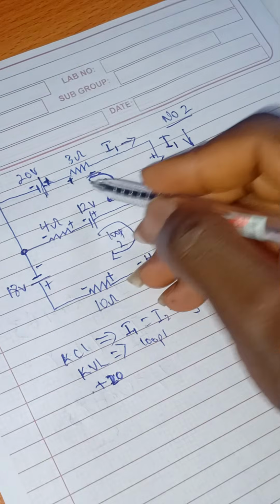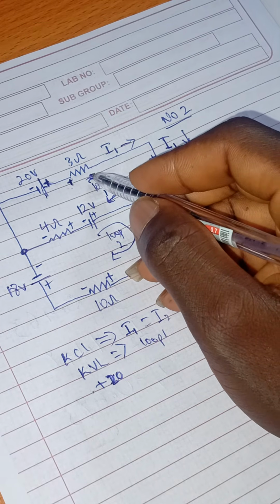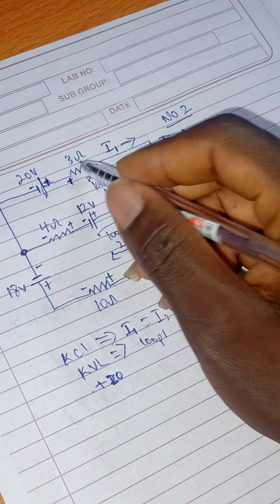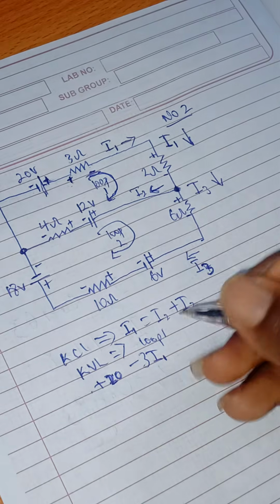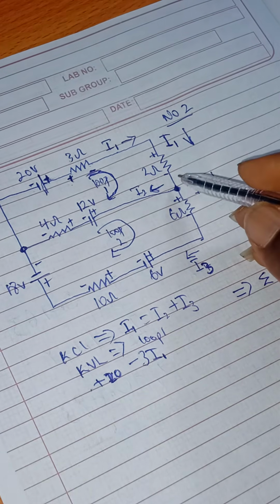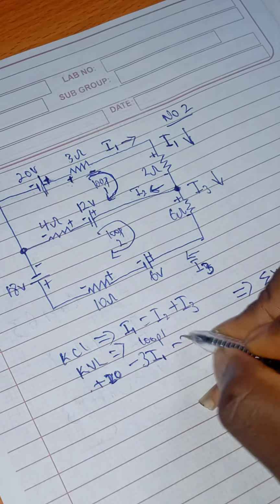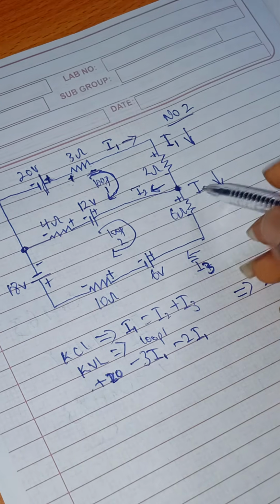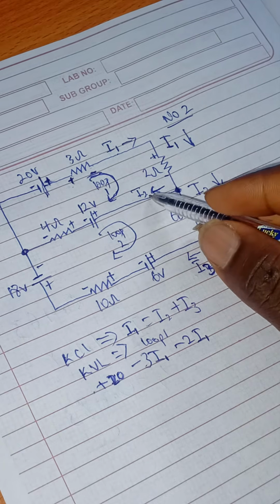So we have 20. Well, this is plus to minus, so that's a voltage drop. Your answer is going to be negative. So we have I times R, that's minus 3I1. Coming to this side, we still have I1 there. It's dropping, plus to minus, minus 2I1. Coming to this side, no longer I1, this is I2 now.